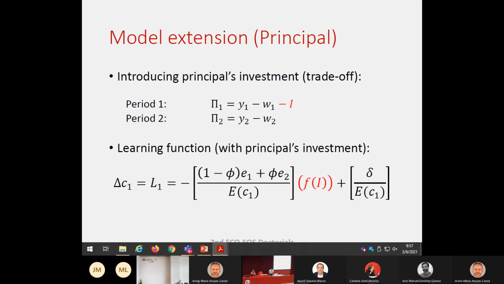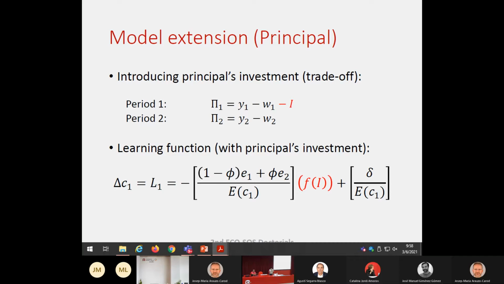And then just the last idea is that in addition to this learning trade-off from the perspective of the agent, here we are trying to incorporate this idea that the principal might make some kind of investment in order to improve the learning process. The idea would be the principal giving away some profits in the first period, expecting to receive higher profits in the second period.